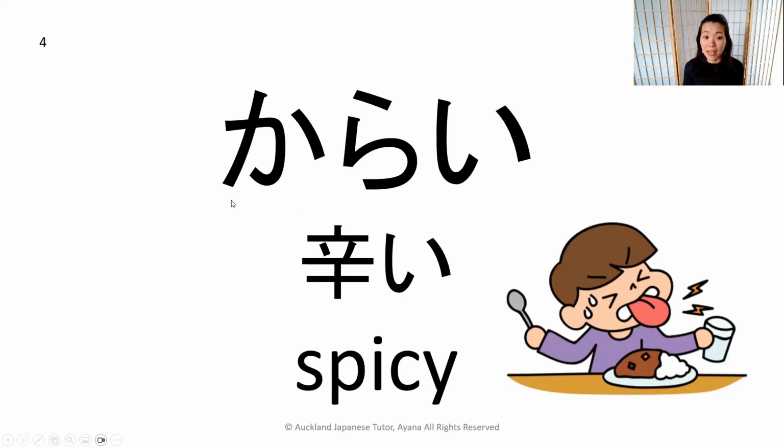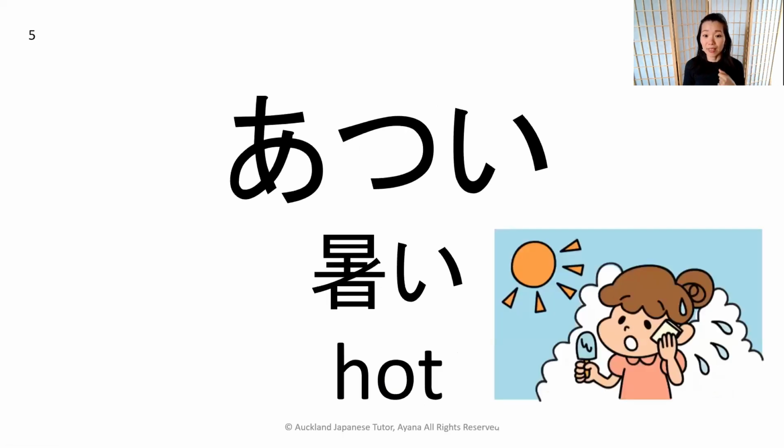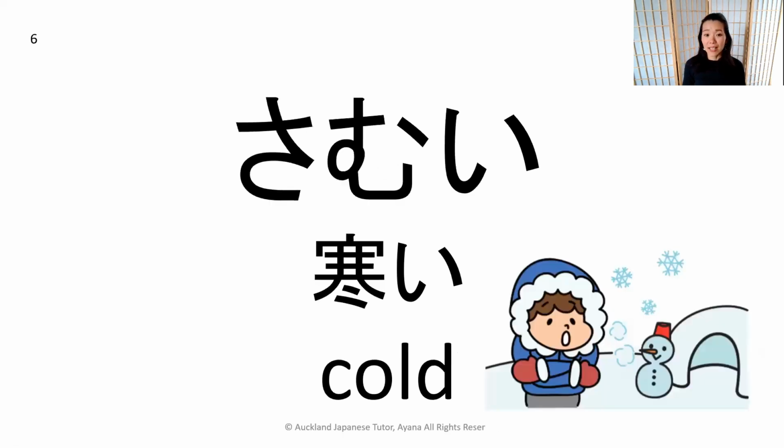But this is a spice. 辛い, 辛い. One more time. 辛い. 暑い means hot. 暑い. Next, number 6, 寒い. So we learned 暑い, and the opposite is 寒い, cold. Repeat after me. 寒い. Good. So we have learned 6 adjectives.